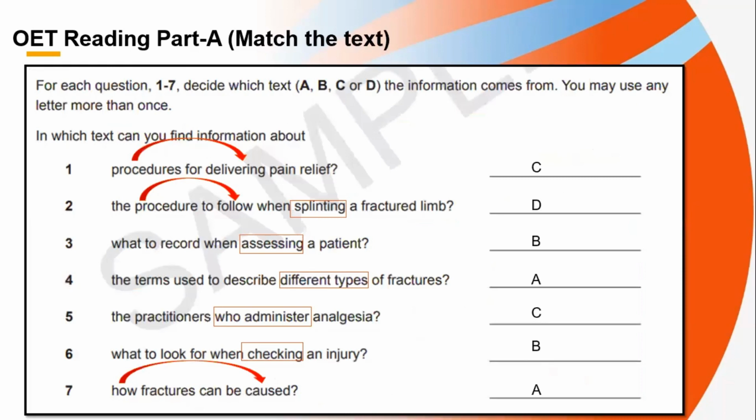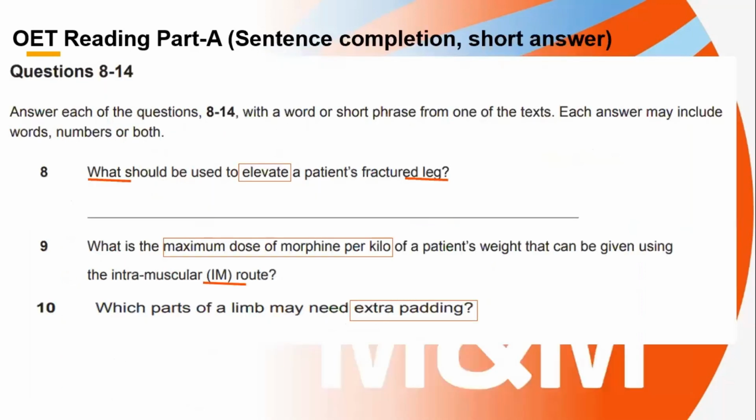Okay, not only that. The next one is which part of the limb may need extra padding. So here we can see extra padding. It should be in which paragraph?